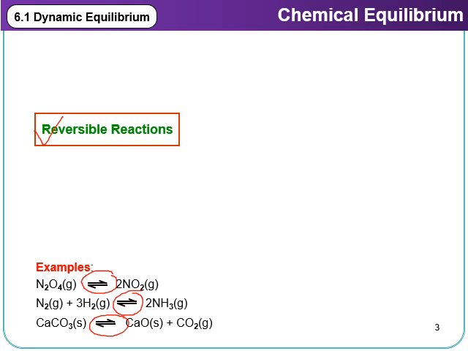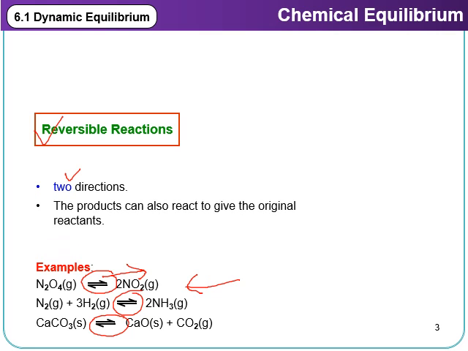This arrow is called a both-way arrow, where the reaction can go forward and at the same time also go backward. So there are two directions, and the product can also react to give the reactant because there can be a backward reaction.